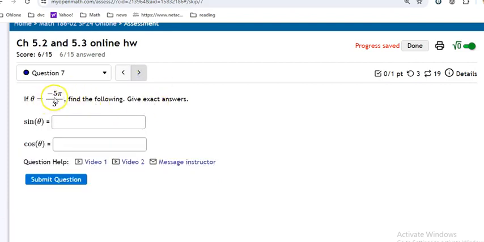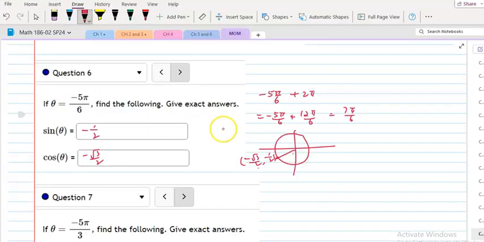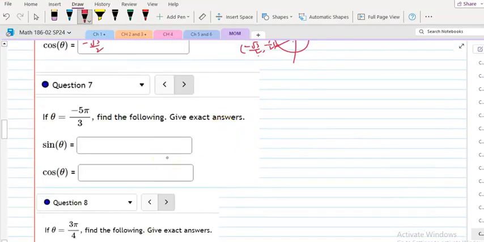Question 7. If theta is negative 5 pi over 3, what is sine and cosine of it? Again, this is outside of 2 pi, so we would find the coterminal angle by adding 2 pi, that is negative 5 pi over 3 plus 6 pi over 3. That is equal to just pi over 3.